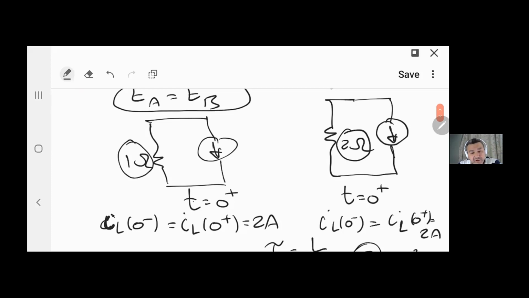The rate of the energy dissipation is the power. What is the power?